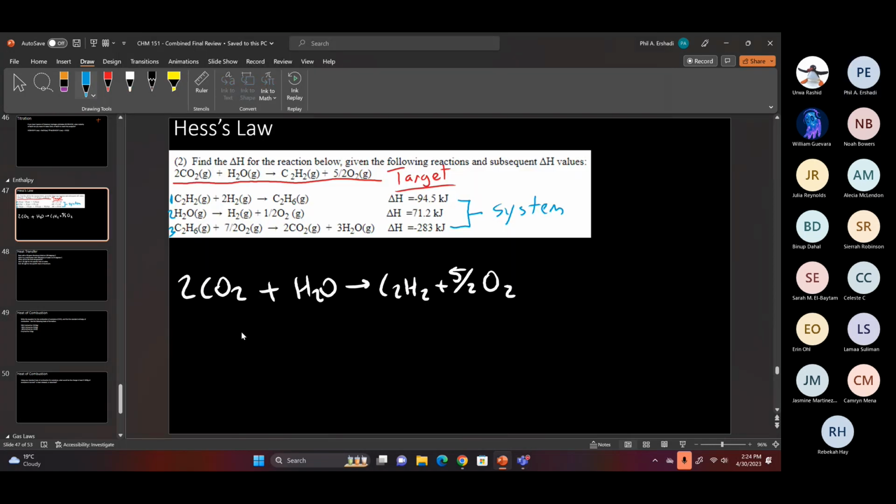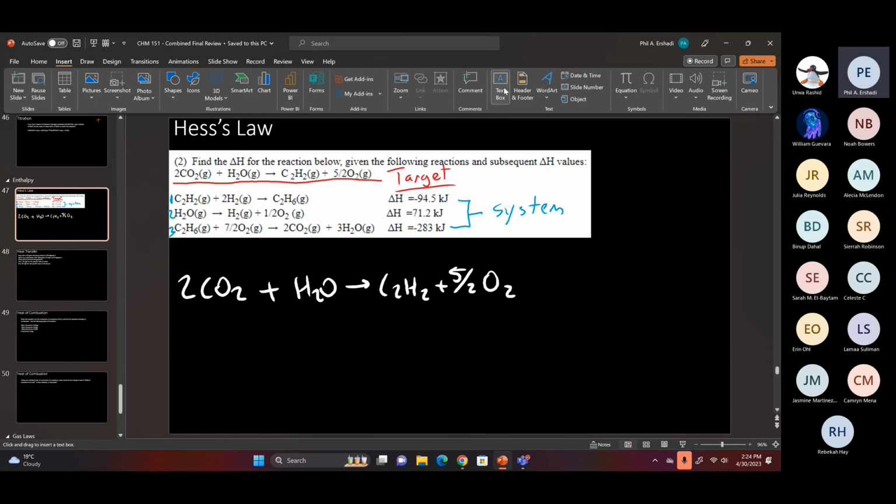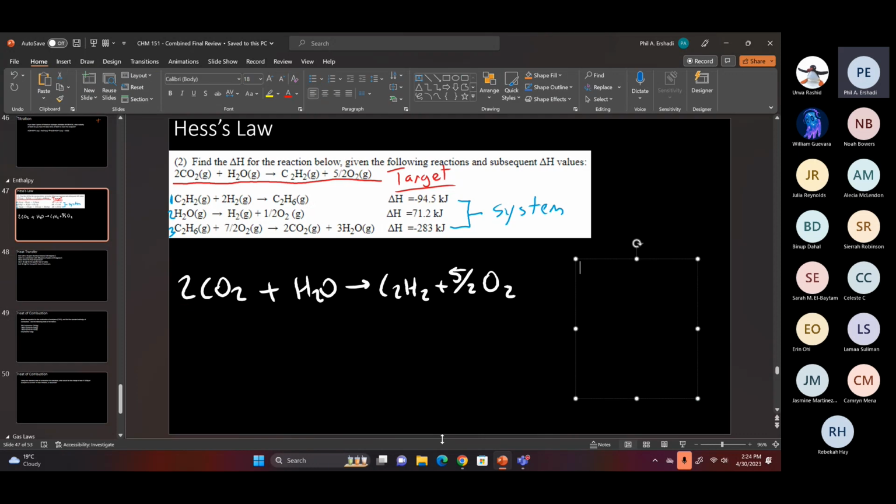All right. So what we need to look for first is things that appear in the target and only appear in the system once.